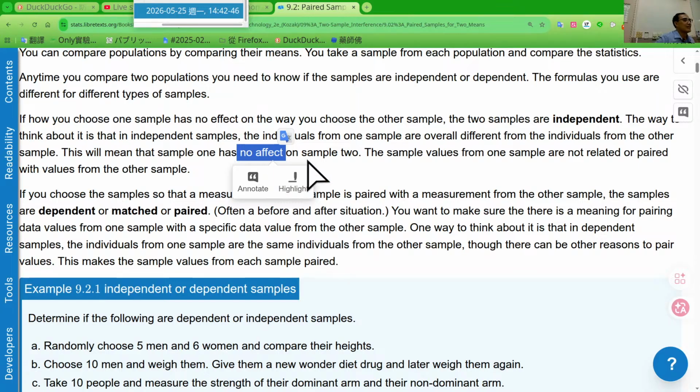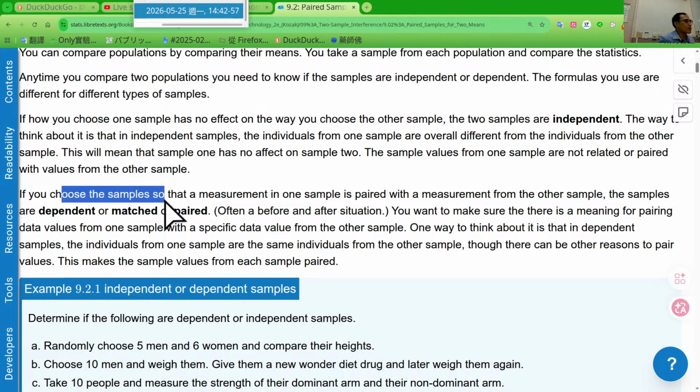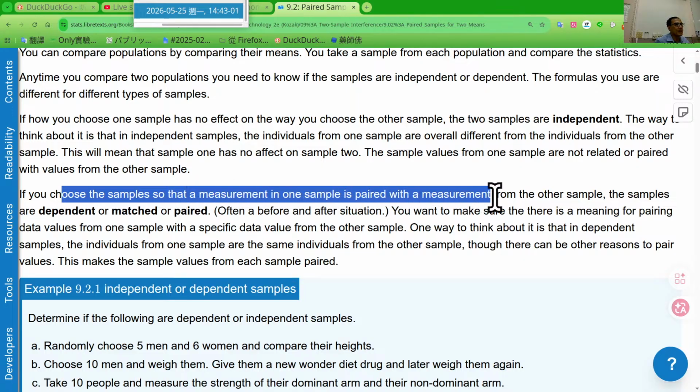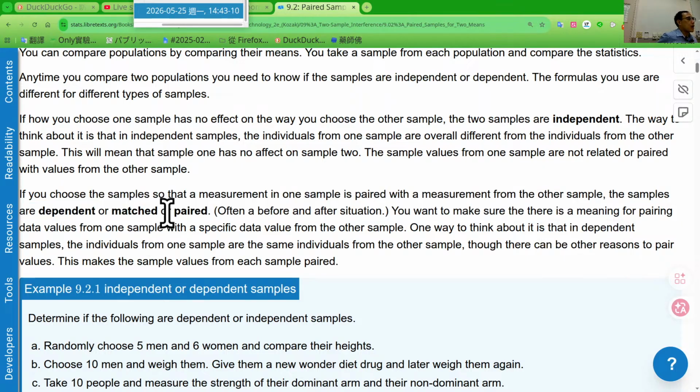Okay. On the sample 2, the sample values from one sample are not related or paired with values from the other sample. If you choose the samples so that the measurement in one sample is paired with the measurement from the other, sorry, that is called dependent or matched or paired.